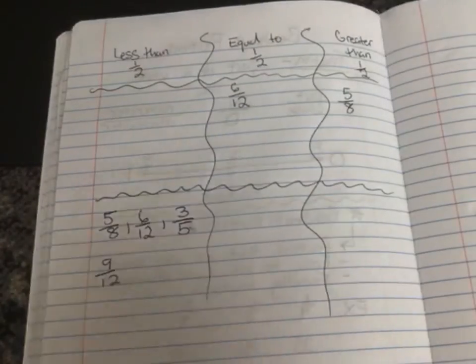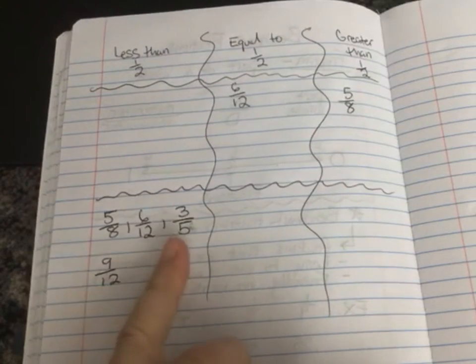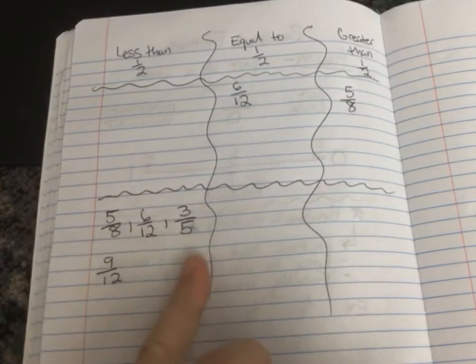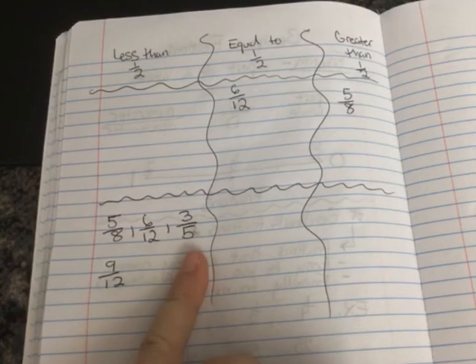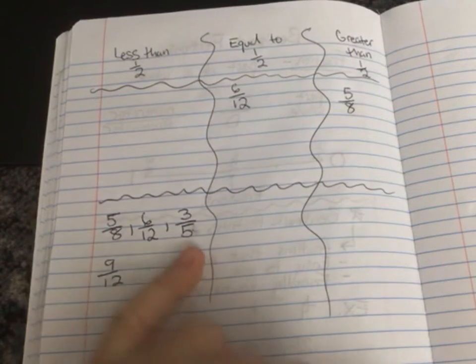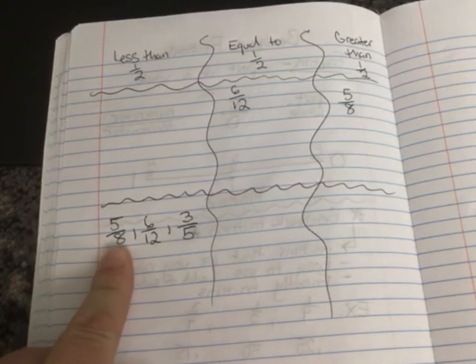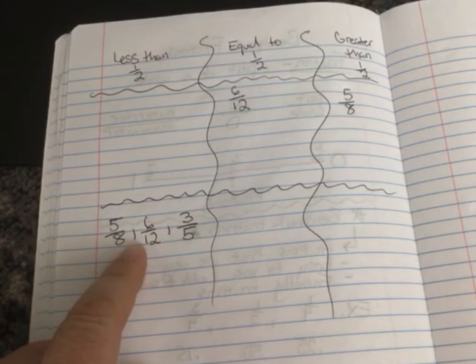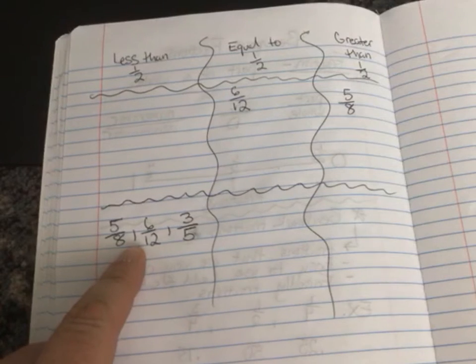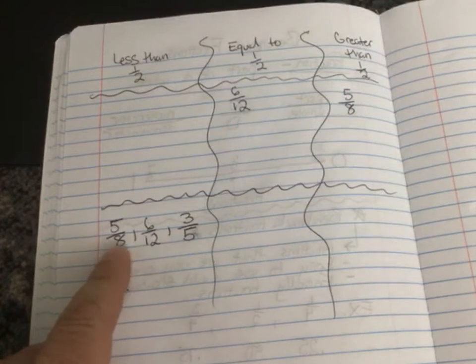Okay, let's go to 3/5. All right, well, what do we know about 3/5? Okay, this gets a little bit harder, in my opinion. And the reason it gets harder here is because most of the time when you're dealing with fractions, if you have an even number in the denominator, like this one had 8 and this one had 12, those are a little bit easier to work in your head and kind of think about, okay, well, what does that mean?